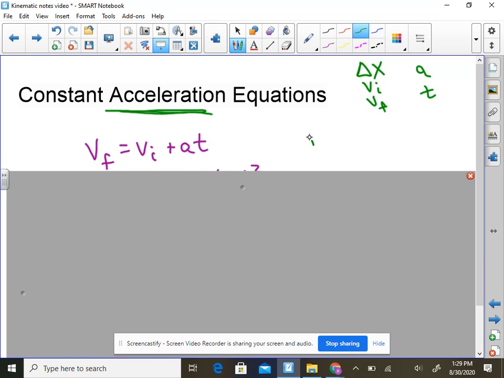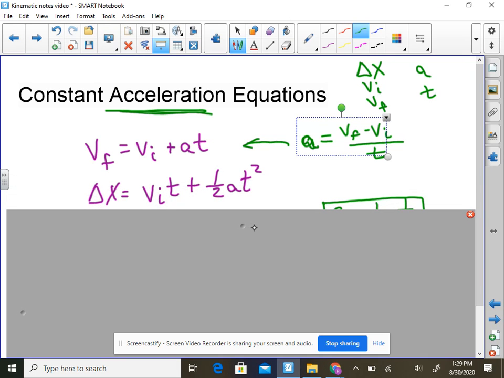Acceleration is the change in velocity, our final minus initial velocity, over the time. If we rearrange this, we could solve for the final velocity and we would get this equation. So that's where this one comes from. This is the first equation you'll find on your equation sheet.